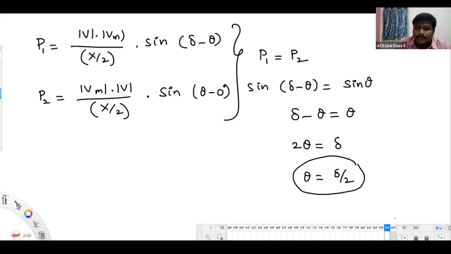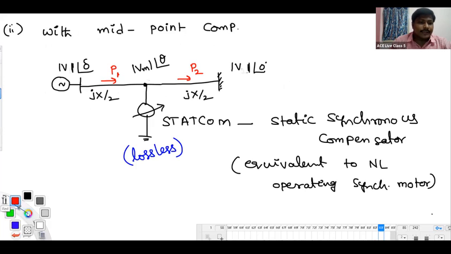Delta by 2. So the midpoint voltage angle is delta by 2. Clear? Getting all of you? Right. So we can rewrite this as mod Vm and the angle is delta by 2.